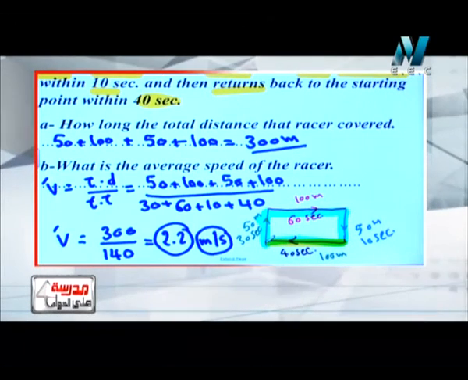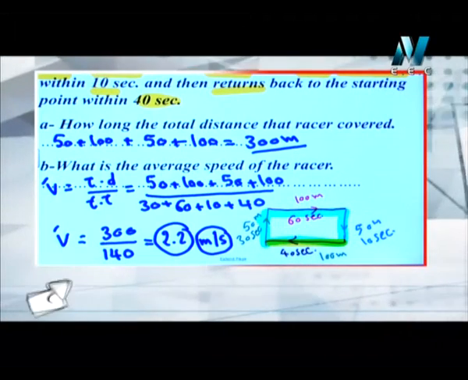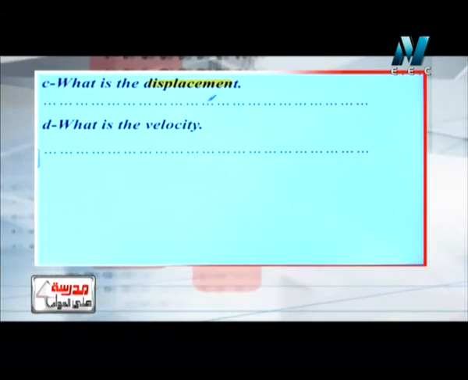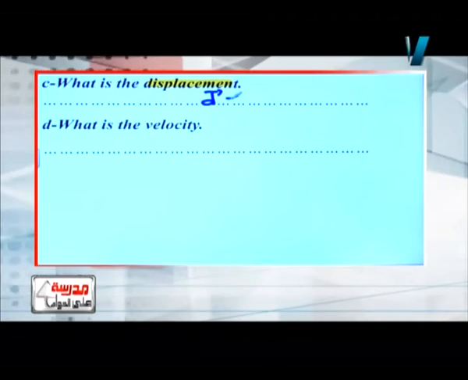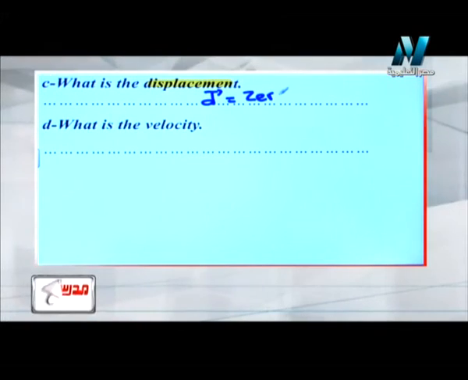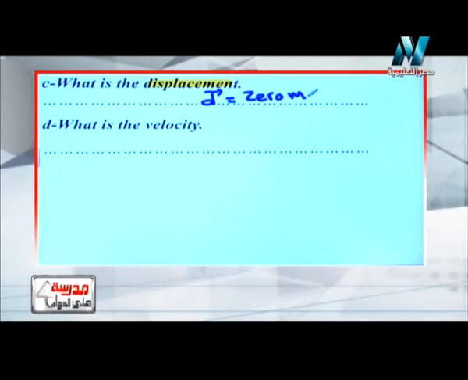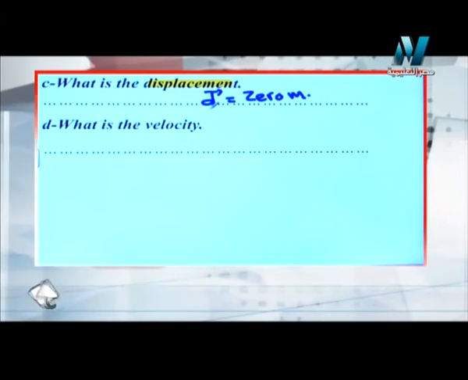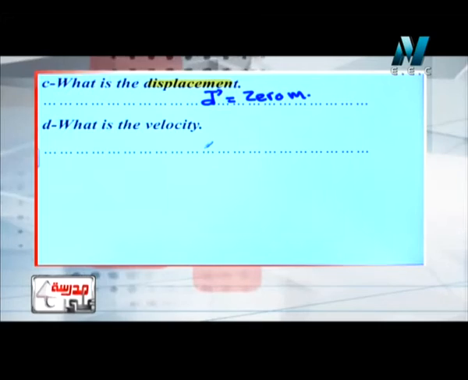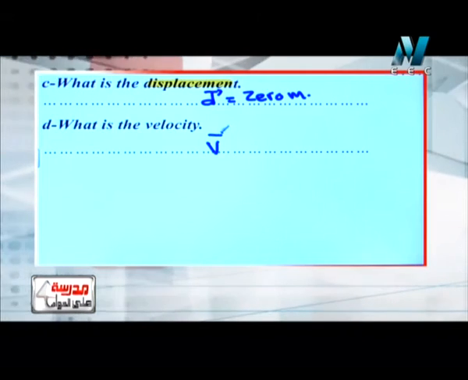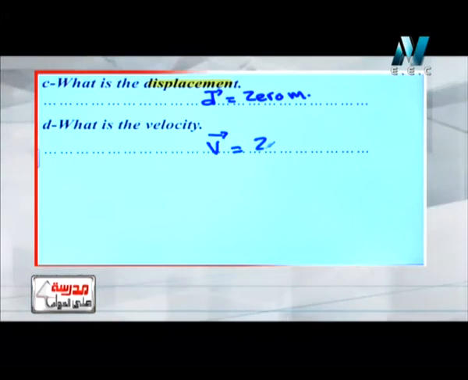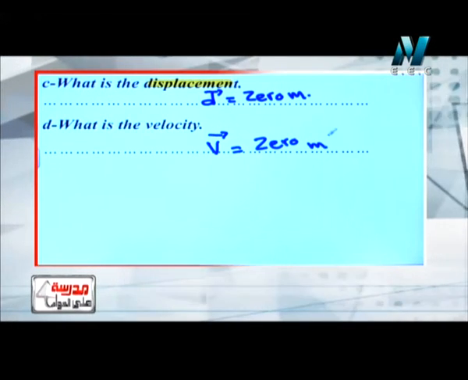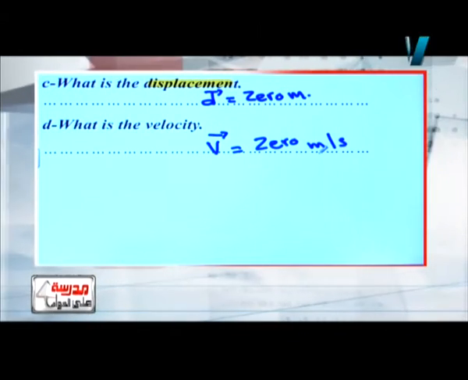So in this case the displacement equals 0 meters, because the body returns back to its origin point. What is the velocity at the same time? Velocity equals displacement over time, and since the displacement equals 0, the velocity equals 0 meters per second.